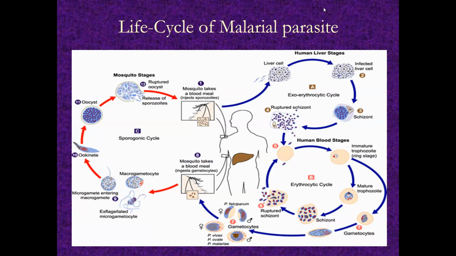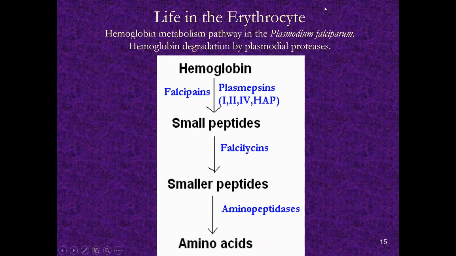So this is the hemoglobin metabolism pathway in Plasmodium falciparum. What it does basically is degrade hemoglobin by enzymes.